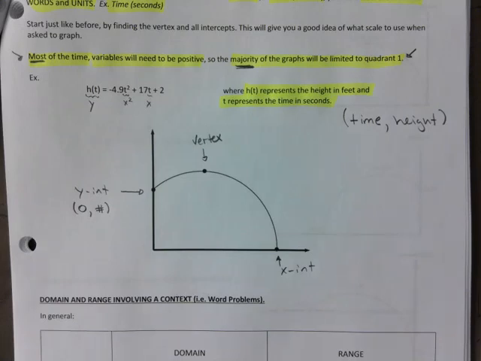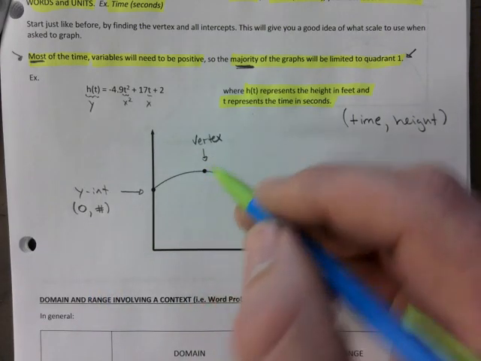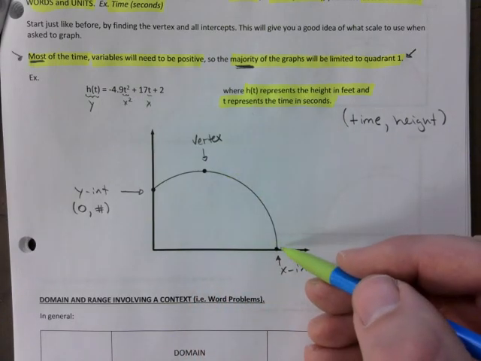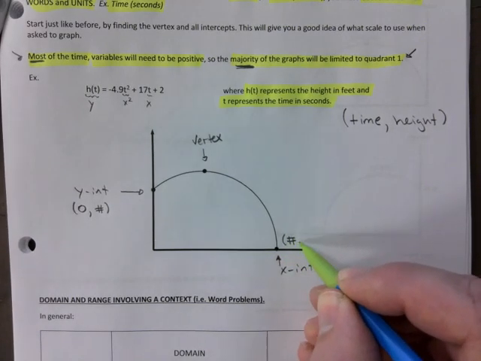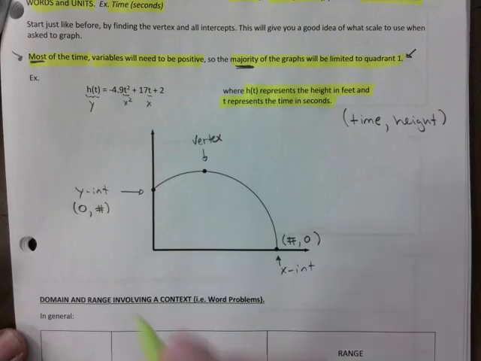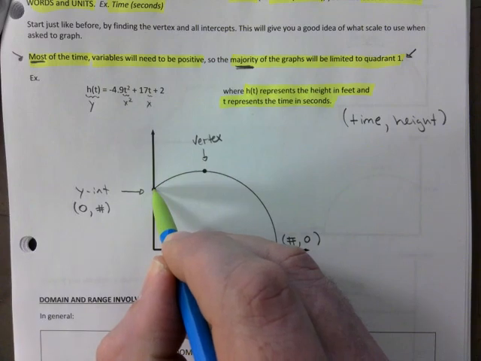It's going to be other than 0 most likely. The vertex is just going to be x and y. And the x-intercept is going to be a number, but then y is equal to 0.